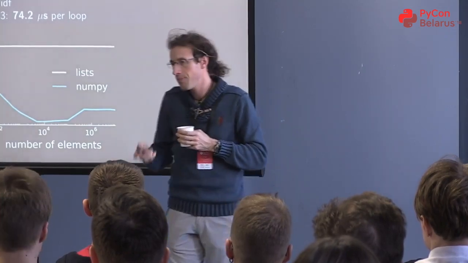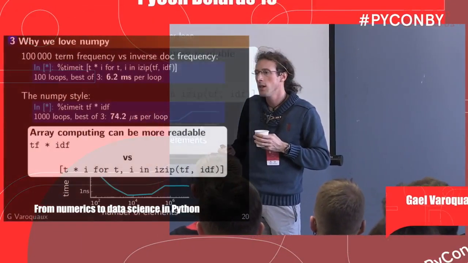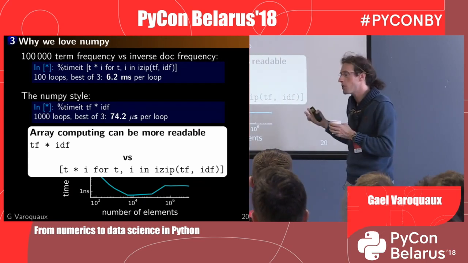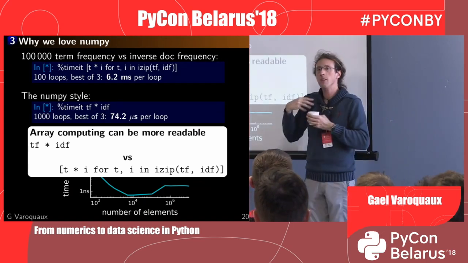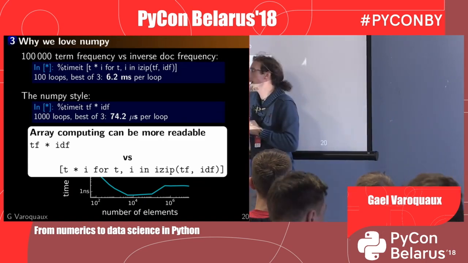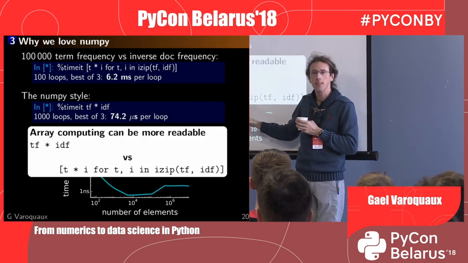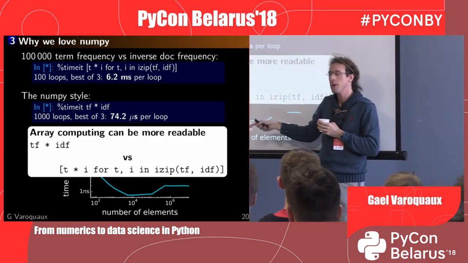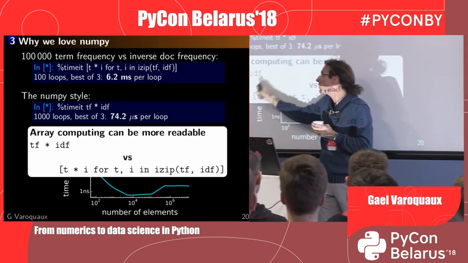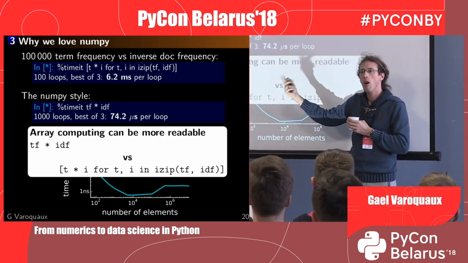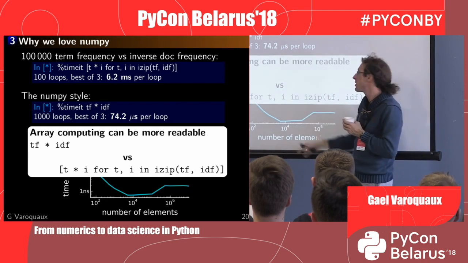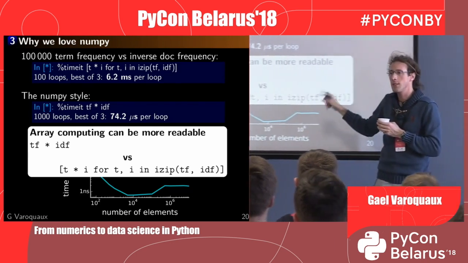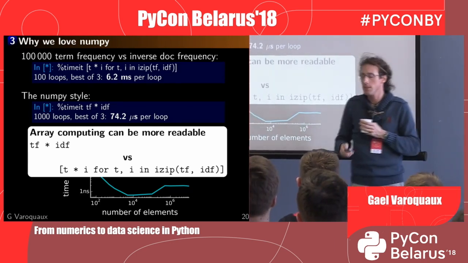Let me give a bit more detail of how it works. Another bias that I personally have is that, because I'm trained, I find this syntax much more readable than this syntax. This is a bit of training, because this is an array computing syntax, which is common to R, MATLAB, and many array languages, and this is a general Python syntax. So once you're trained, you might like this.